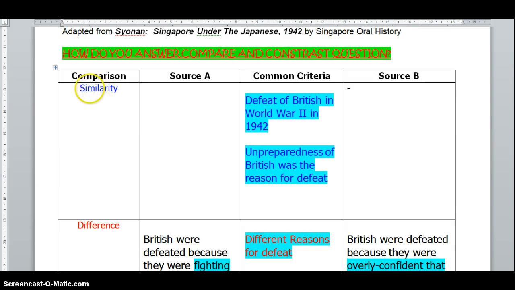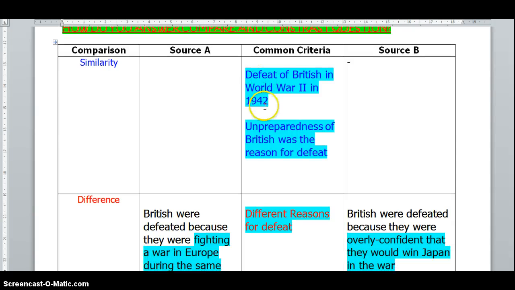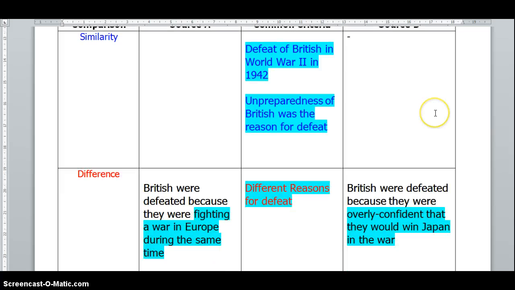I start off first by looking for similarities, and after reading I found that the first similarity was that both sources were talking about the defeat of British in World War II. The second similarity I found was that the British were unprepared, and that was the reason for the defeat. Okay, this common similarity can be found in both source A and in source B.